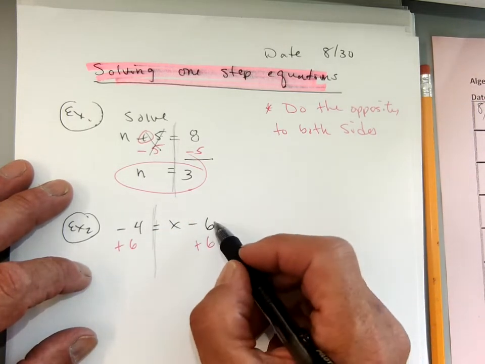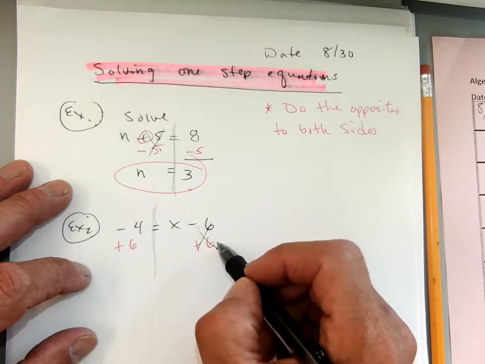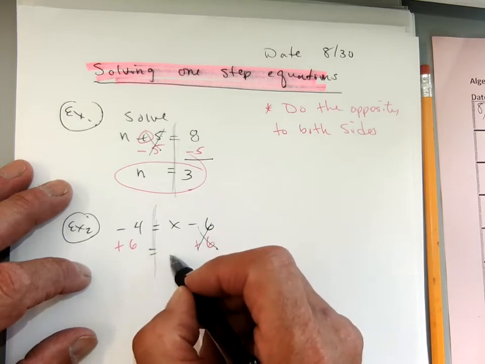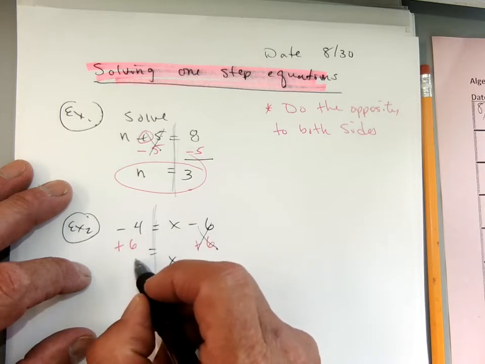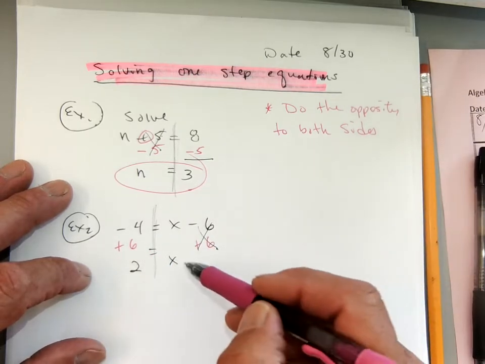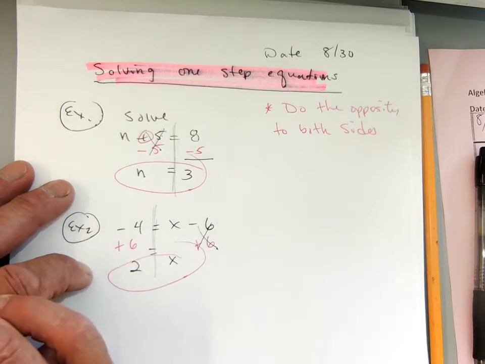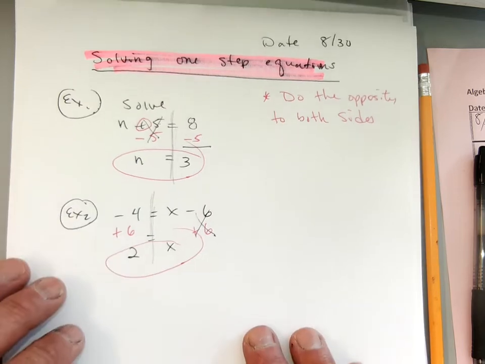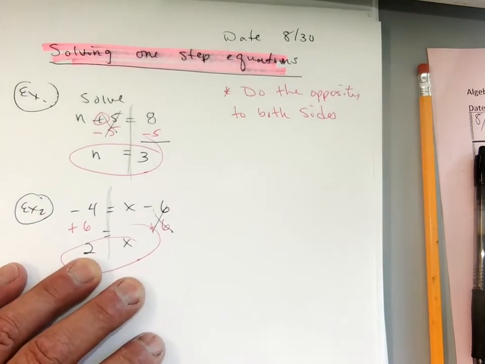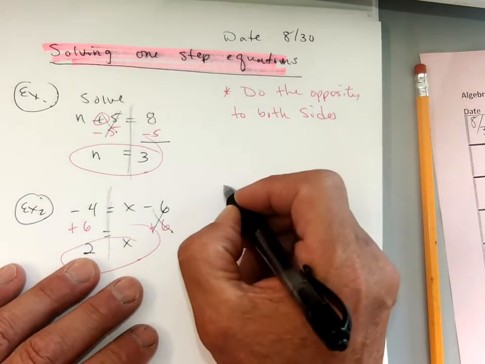Well, the reason that works is because negative 6 plus 6 cancels. All I have is x equals negative 4 plus 6 is 2. That's my answer. Okay, always do the opposite. It says subtract 6, so I add 6.